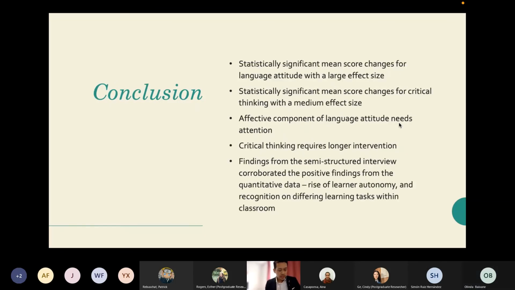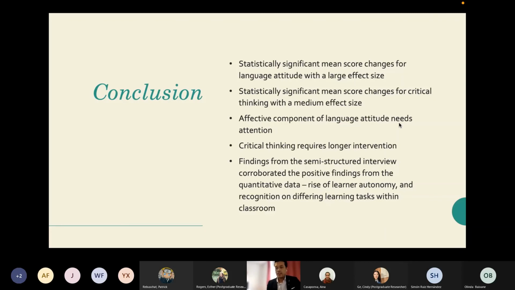So these are the conclusions. We have a statistically significant mean score change for language attitude with a large effect size, and a statistically significant mean score change for critical thinking, but with a medium effect size.